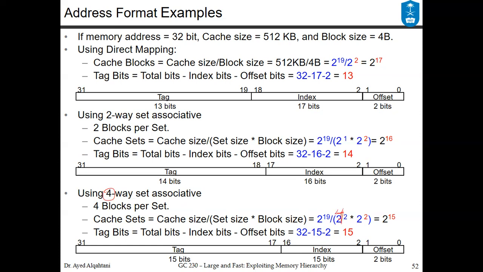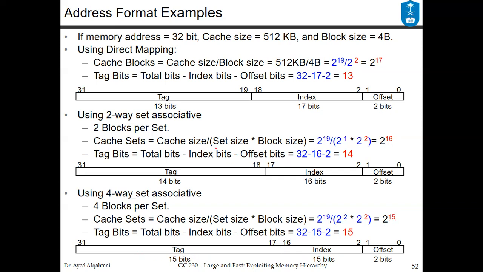And the cache size is the same, 2 to the power 19. If you calculate this, you will end up with 2 to the power of 15, which means that the index is 15 bits. And 32 minus 17, which is 15 plus 2, is equal to 15. So now the tag is 15 bits.